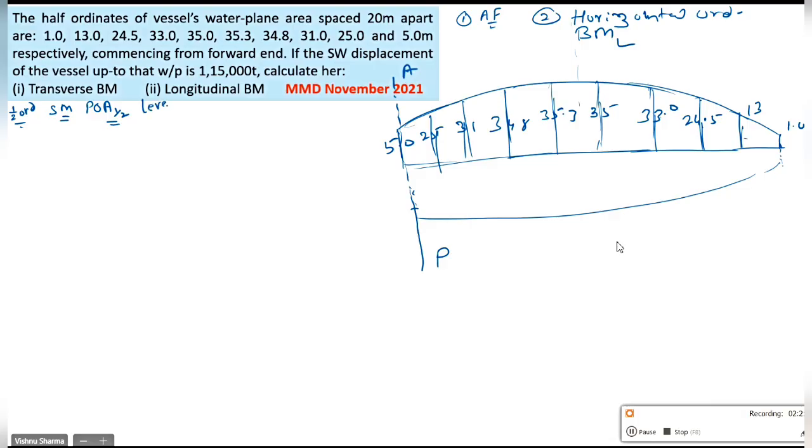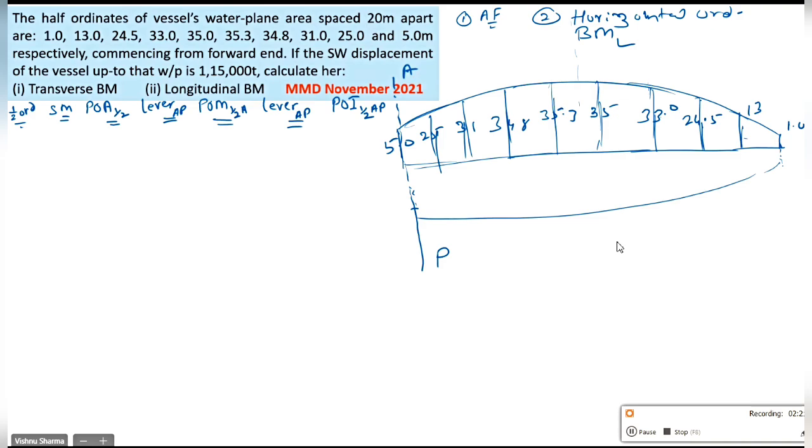Then we'll take levers about the after perpendicular: 0h, 1h, 2h, 3h and so on, starting from 5. This will give us the product of moment of half area about the after perpendicular. Then we'll repeat the levers about the after perpendicular and get the product of half inertia about the after perpendicular. Is the structure of the table clear or do you have any questions on the structure of the table? Is the structure of the table clear, beta? Yes, sir.